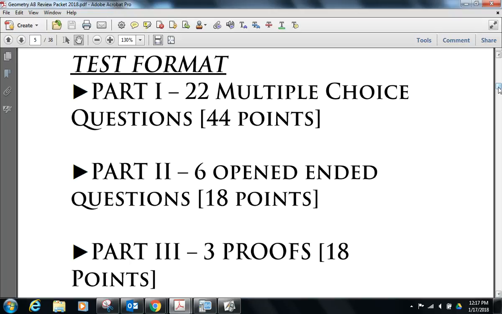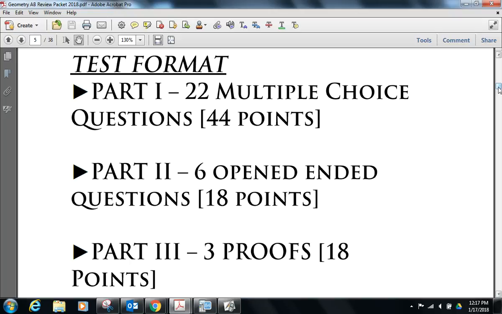There are 4 huge types of proofs we've done so far this semester. What are they? What type? Justin? Coordinate proof. What other types have we done that are a huge chunk of this year? Coordinate proof. Quadrilateral proof.